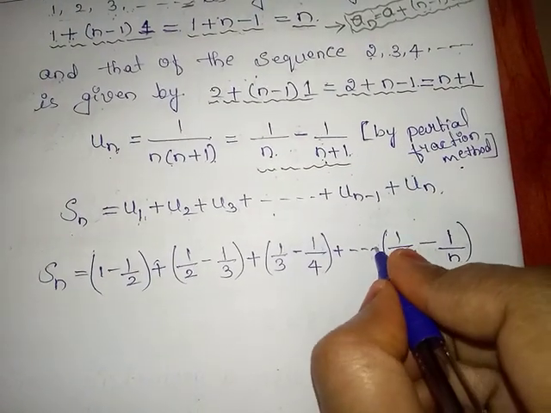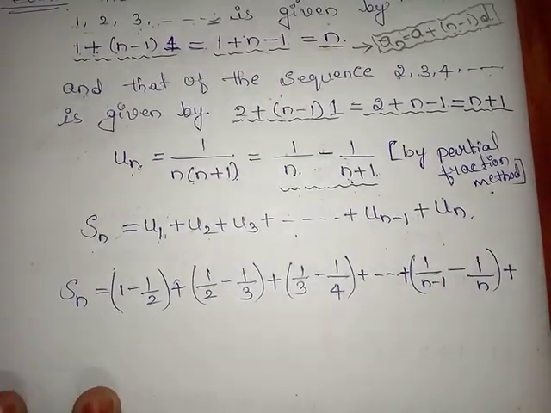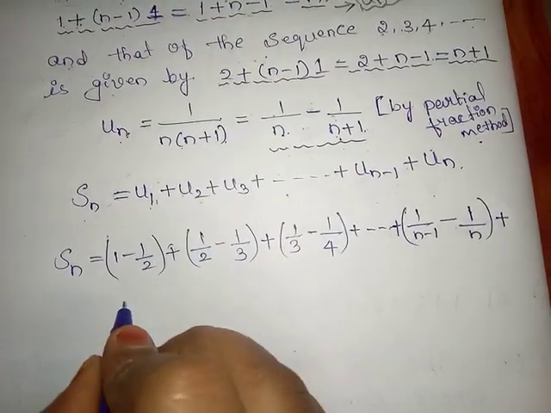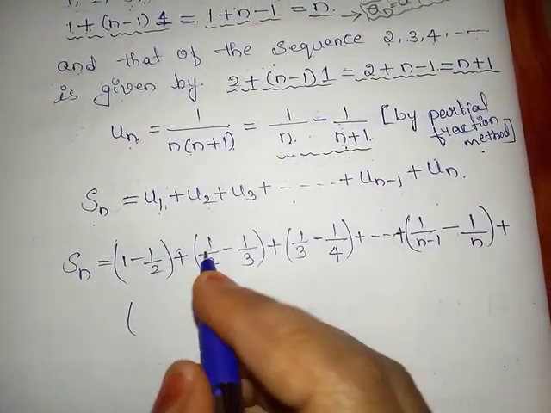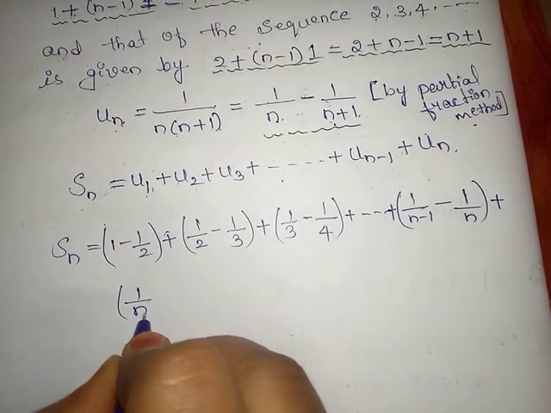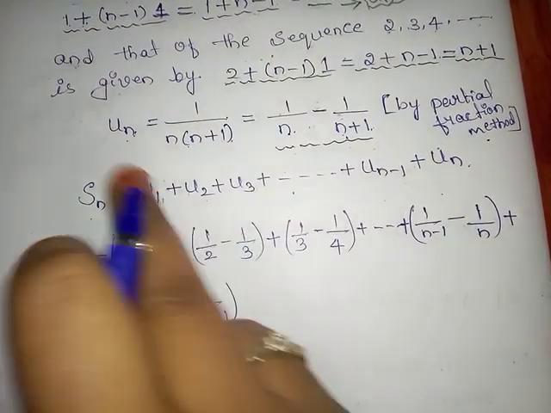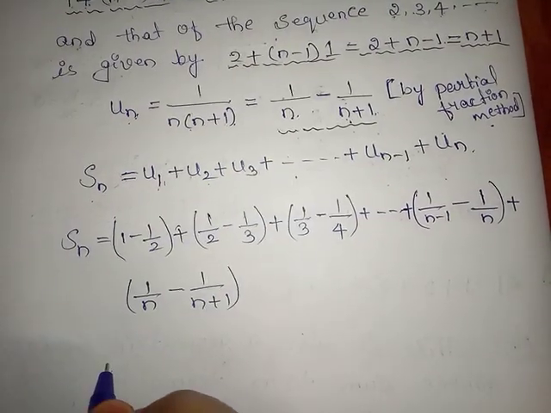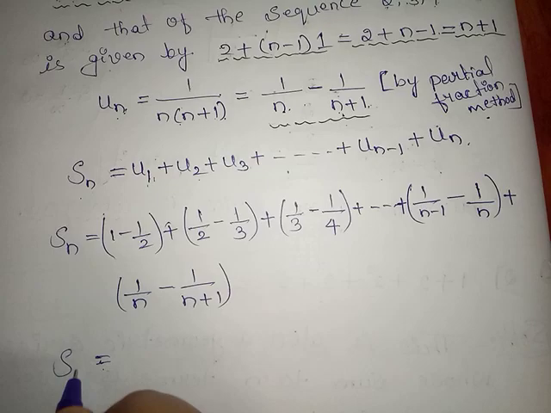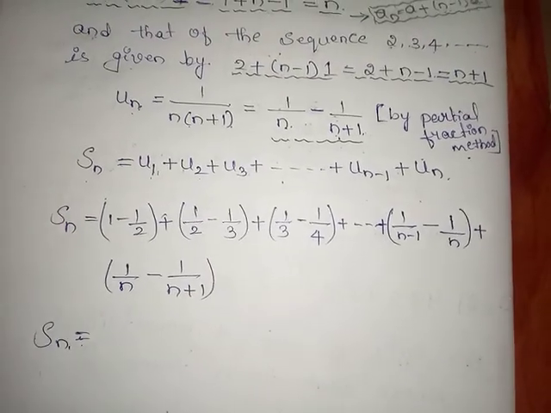Here you have to apply plus the last term, substitute n as n only, 1 by n minus 1 divided by n plus 1, because this is the nth term, which is equal to, now observe this sum to n term series.